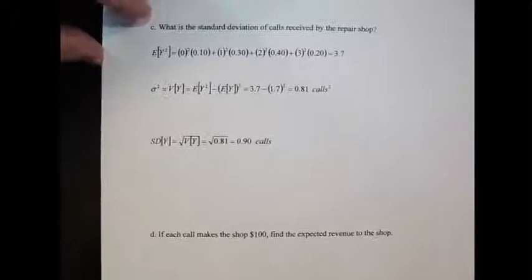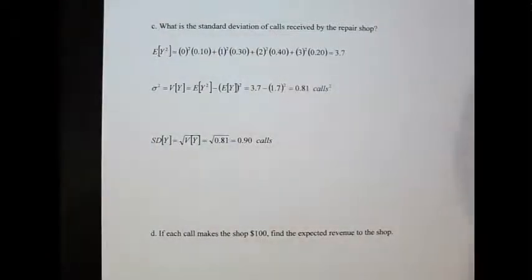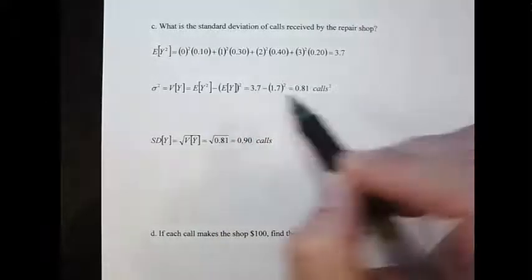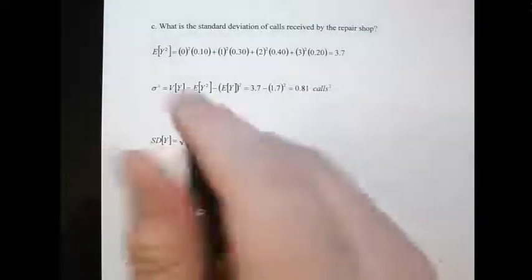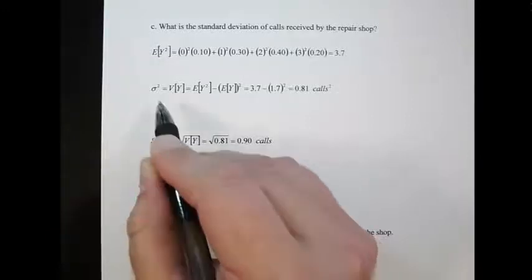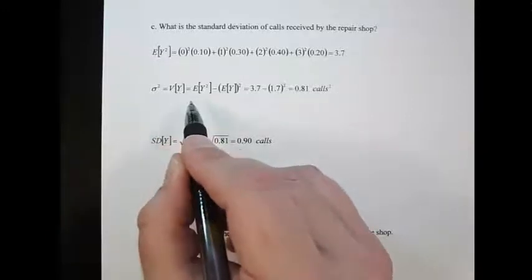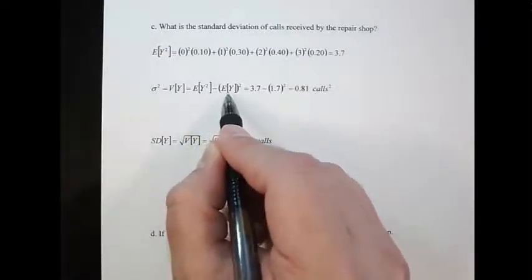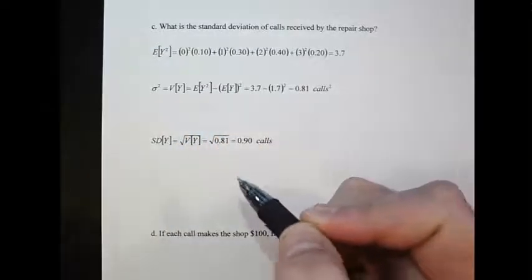Again, in order to save us time, I've also done this calculation for the standard deviation. Standard deviation is slightly more complicated because the standard deviation is the square root of the variance. In order to find the variance, that is the expected value of y squared minus the square of the expected value of y.